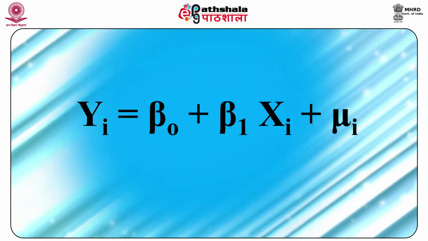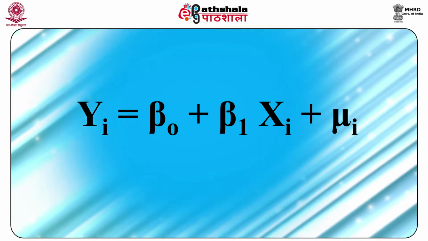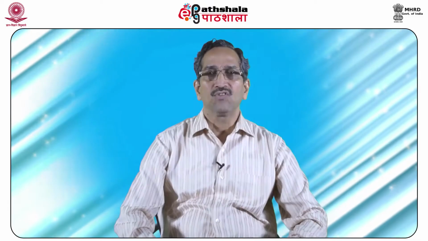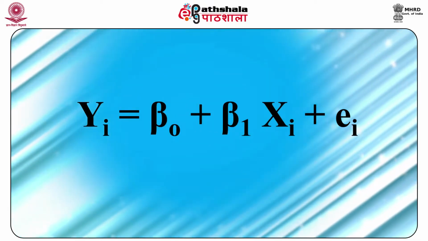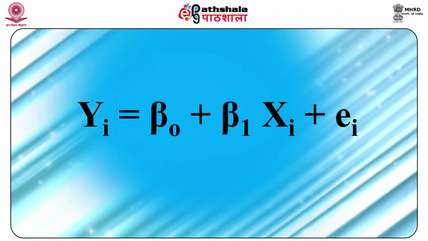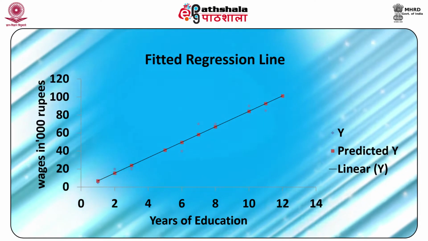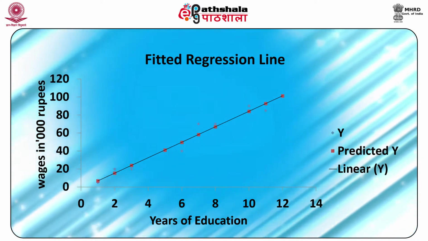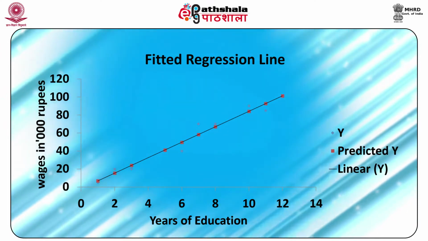Therefore, in regression analysis, as discussed above, we wish to predict the population regression function, that is yi is equal to beta 0 plus beta 1 xi plus mu i, from the sample regression function, which is yi is equal to b0 plus b1 xi plus ei. The idea of constructing regression lines through the same data is that it is the line of best fit.